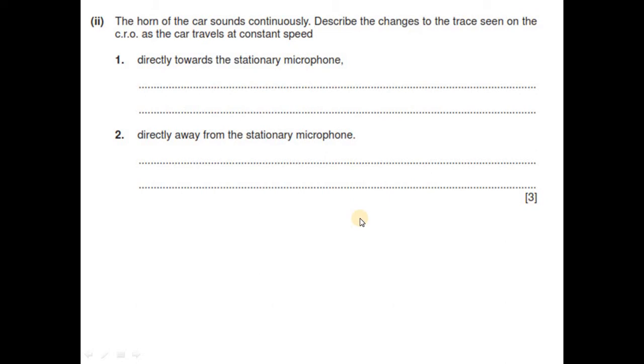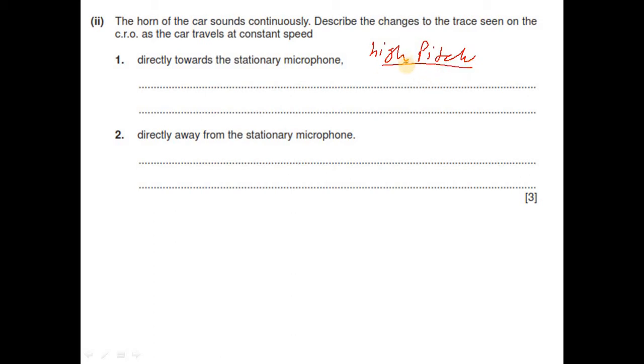Part 2: the horn of the car sounds continuously. Describe the changes to the trace seen on the CRO as the car travels at a constant speed directly toward the stationary microphone. If the source moves towards the receiver, the microphone receives a high pitch in a shorter interval of time.